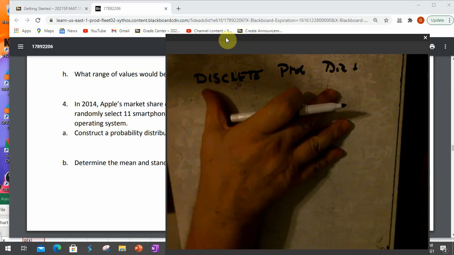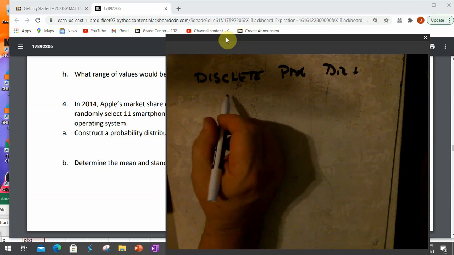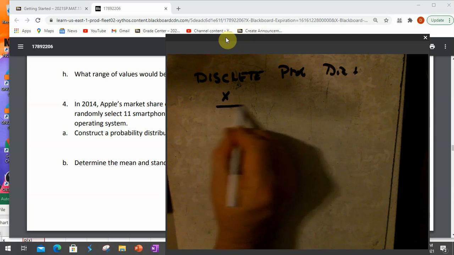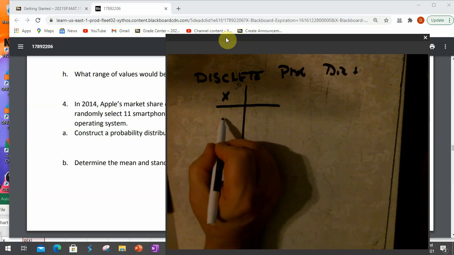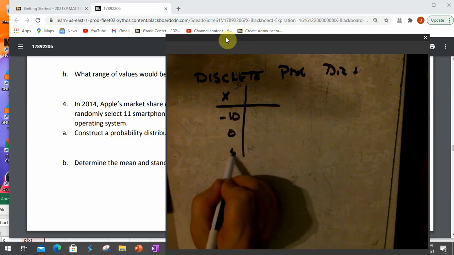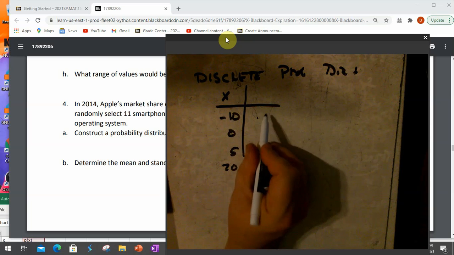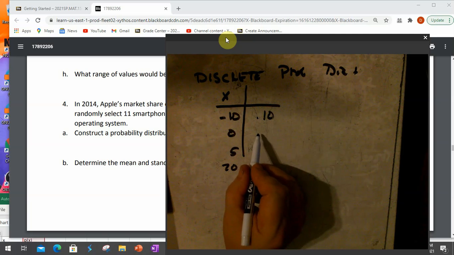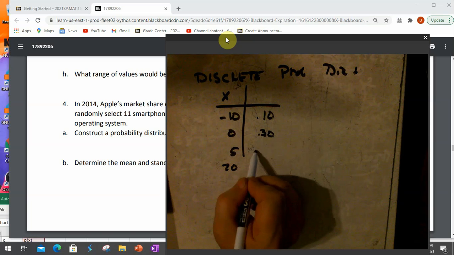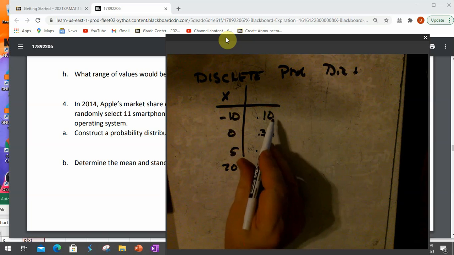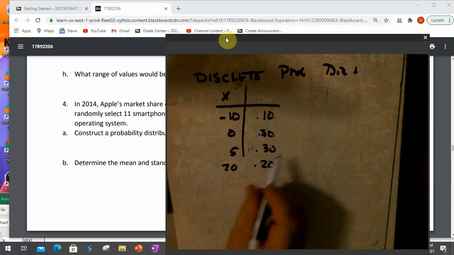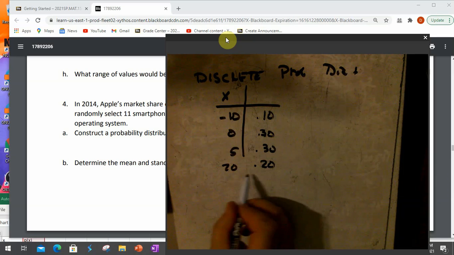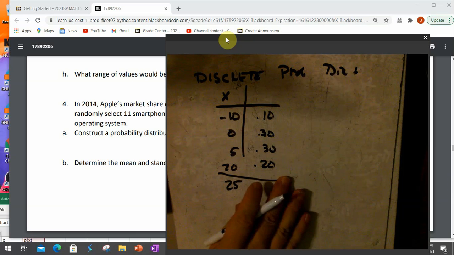Now, in the general version of a discrete probability distribution, the x's could be any value. So this could be -10, 0, 5, 20, as long as we have probabilities like 0.10, 0.5, 0.3. I'm doing this on purpose.